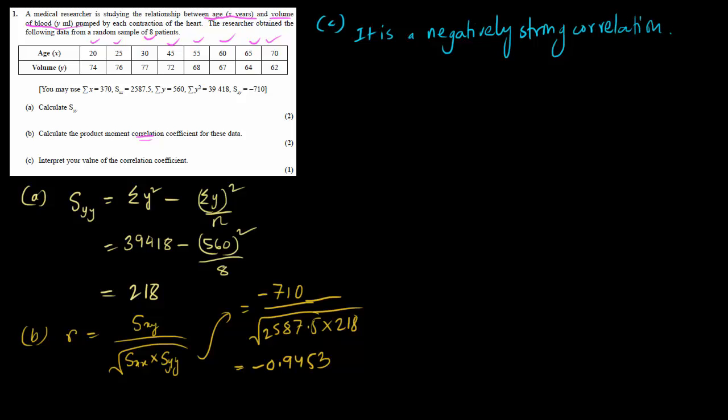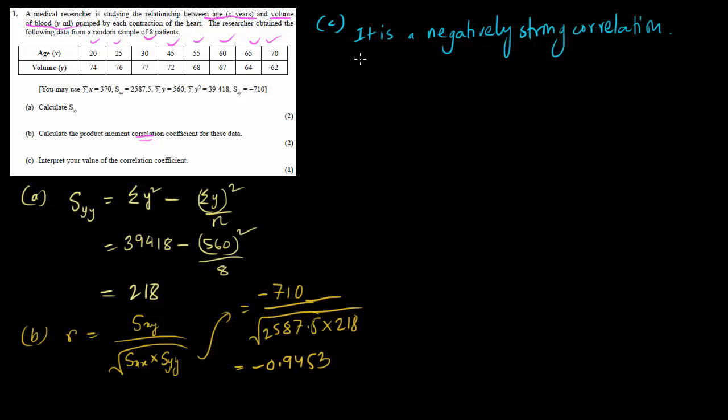So that's the first thing. The next thing you have to write down is the thing in context. As inversely proportional happens, you know how it works. So you have to mention older people will have lower volume of blood pumped to the heart.